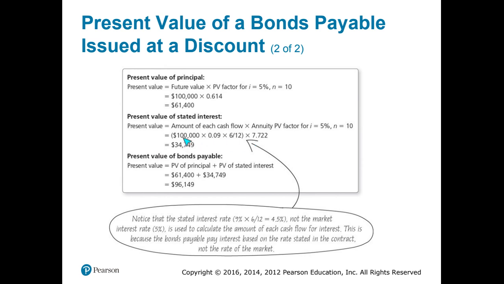So we take the 100,000 times the 9% times 6/12 since it's semi-annual. Then we multiply that by our annuity factor of 7.722, and that gives us 34,749.